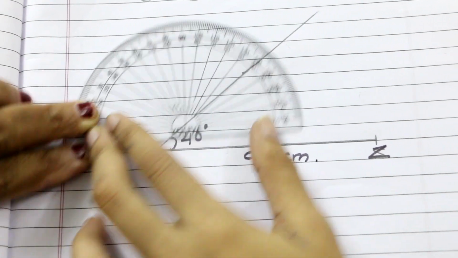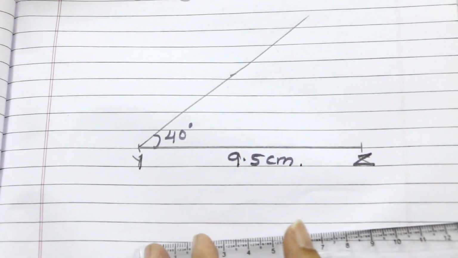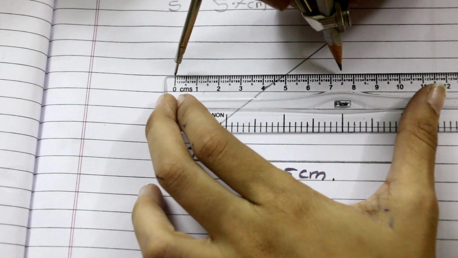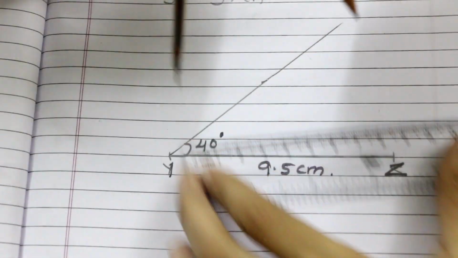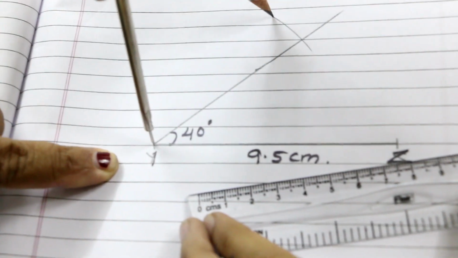Marked it. Now take the compass. As your rough figure shows, it is 7.5. So adjust the compass to 7.5. Yes, very good. Now keep the pointer at Y. Give an arc.